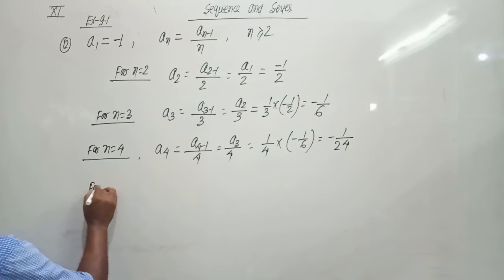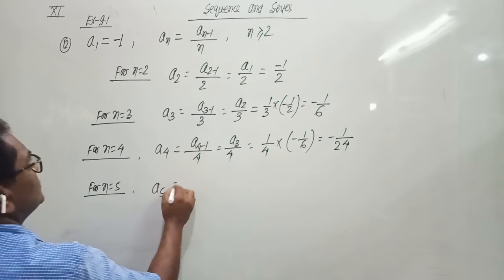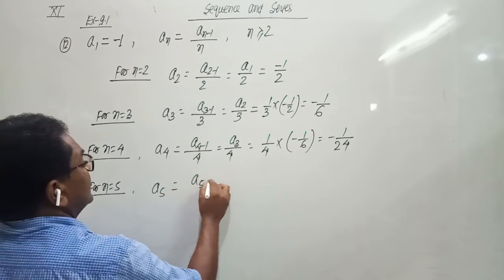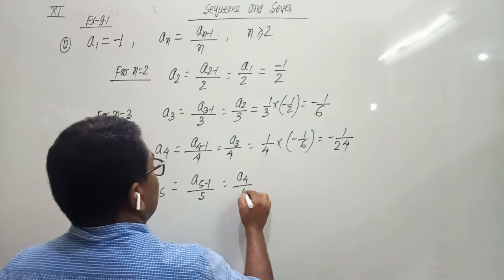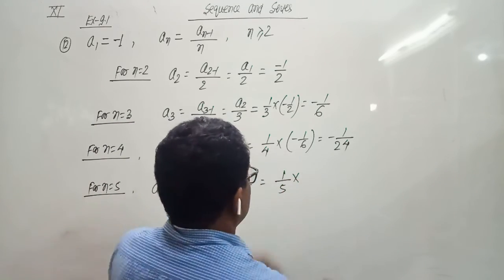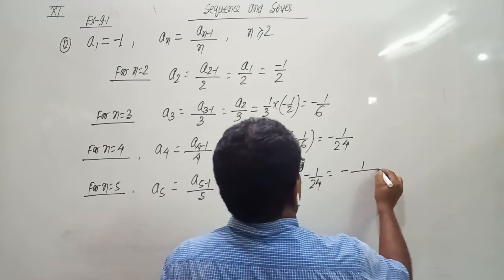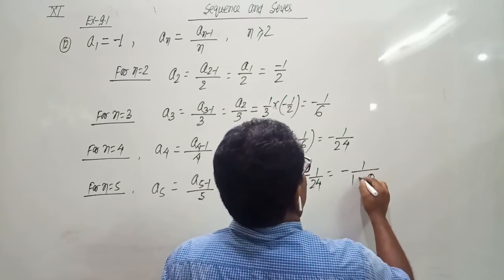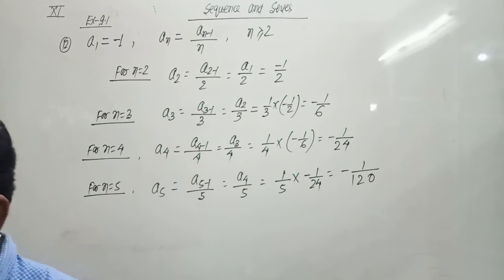Then for n equals to 5, A5 equals to A of 5 minus 1 upon 5, that is A4 upon 5, and 1 by 5, and the value of A4 is minus 1 upon 24. So minus 1 upon 120. These are the 5 terms of the given sequence according to the given condition.